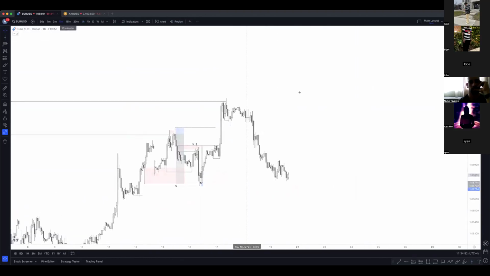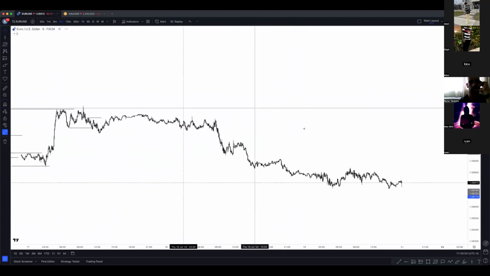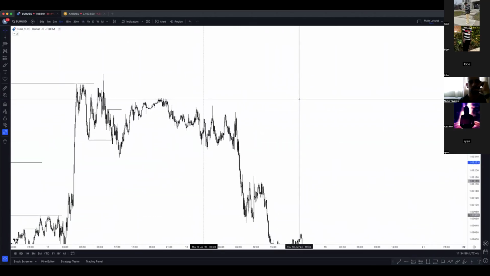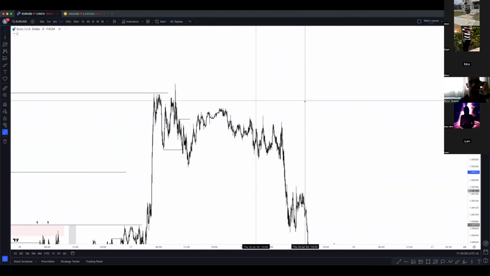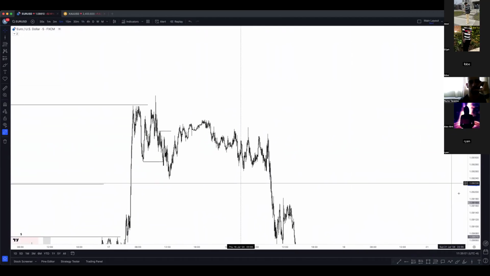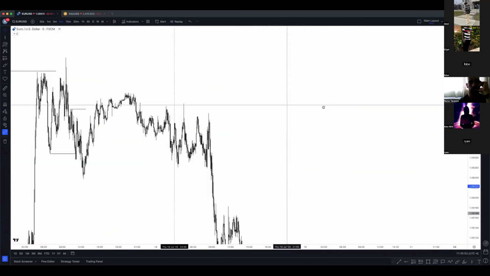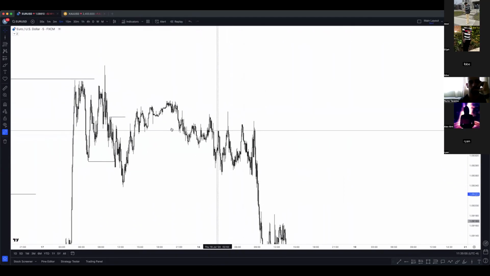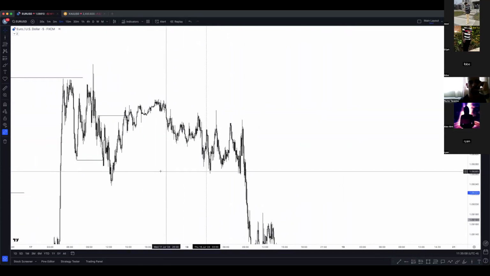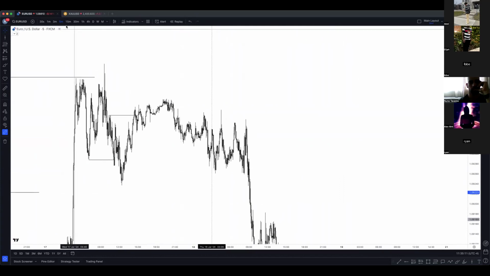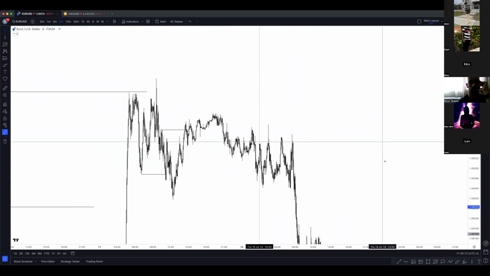All right, Thursday, I believe some of you guys took trades on Thursday on Euro. Okay, so what Euro ended up doing was grab this liquidity, move to the downside. Okay, we're already on the 5-minute.